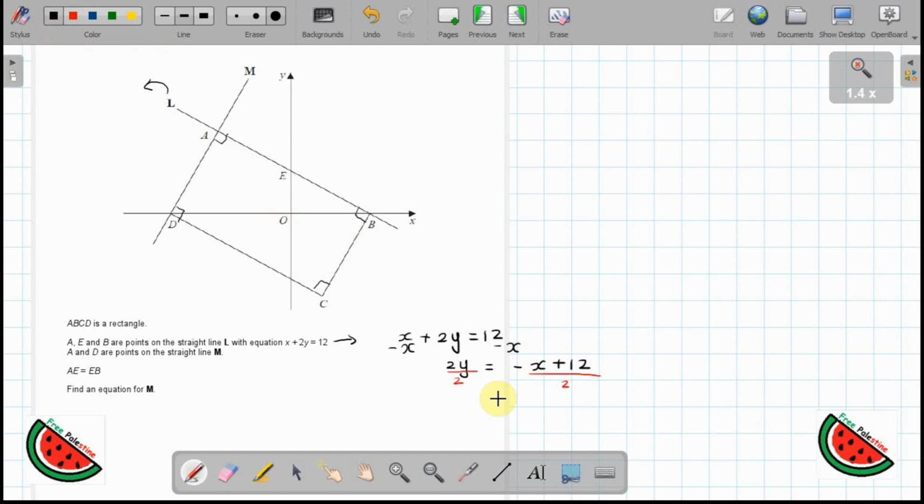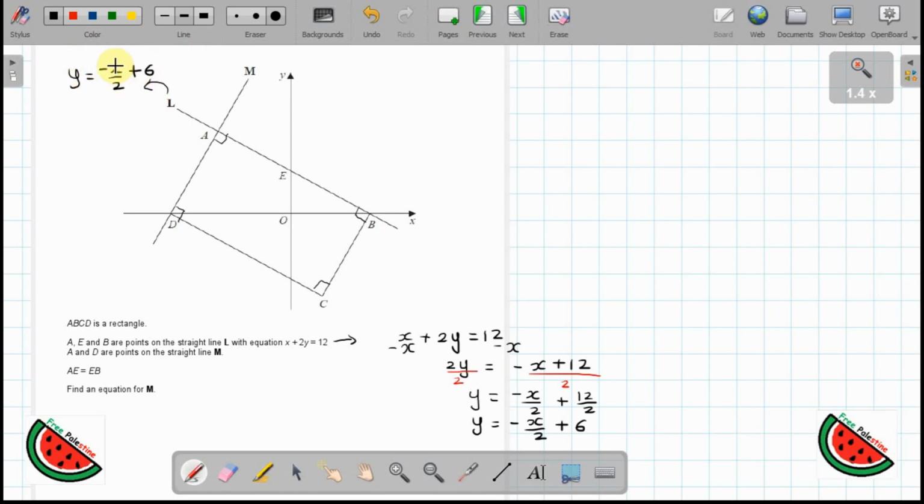So this gives me the equation in the form y equals mx plus c. 12 over 2 is 6, so y equals minus x over 2 plus 6.